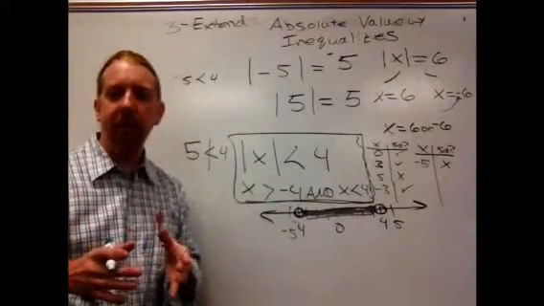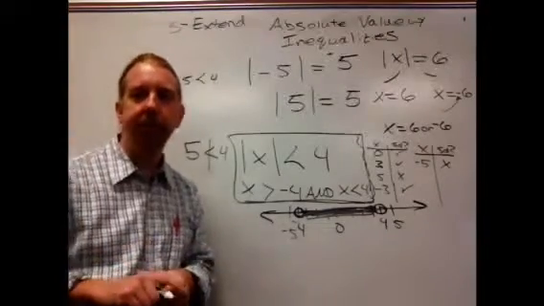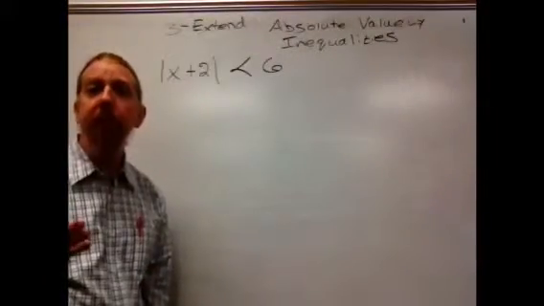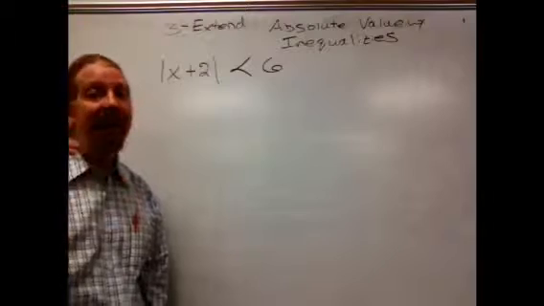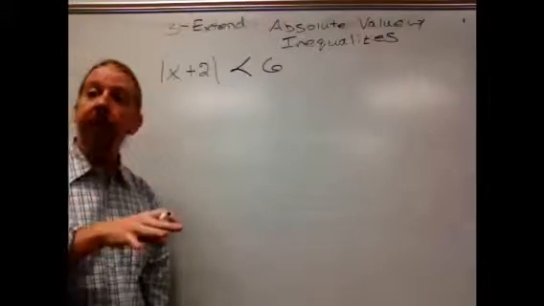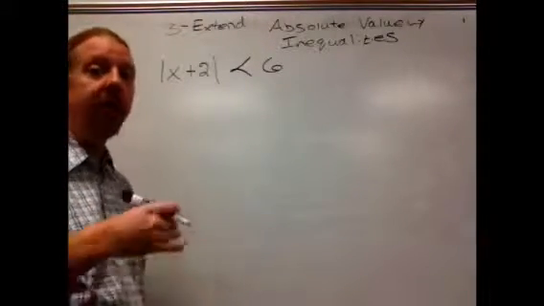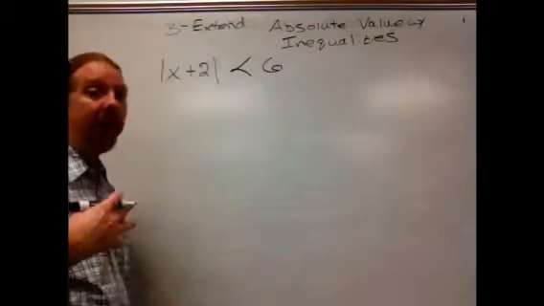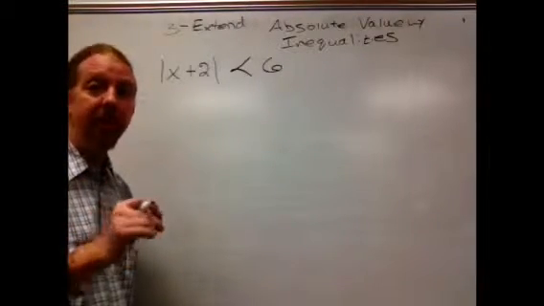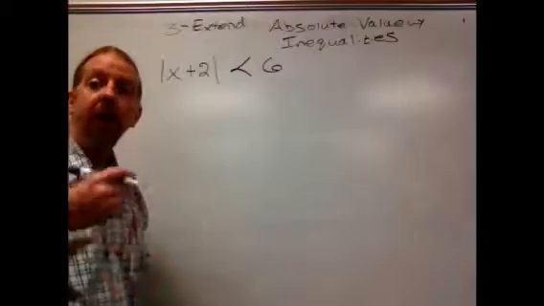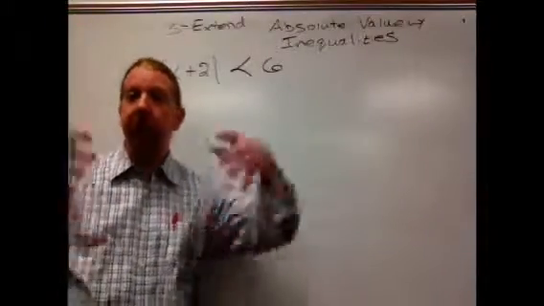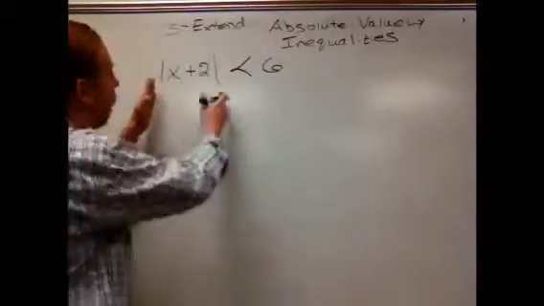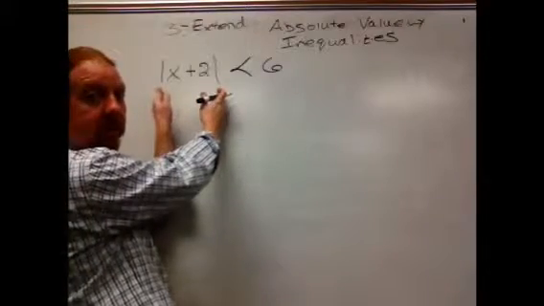Let's take an example problem with that and see what happens. So here's one that's using the absolute value and less than. Now this problem is already solved for the absolute value. I don't need to do any other steps before I do my split case. Remember, our objective when dealing with absolute value is to work our way down until we have just the absolute value on one side of the equation.